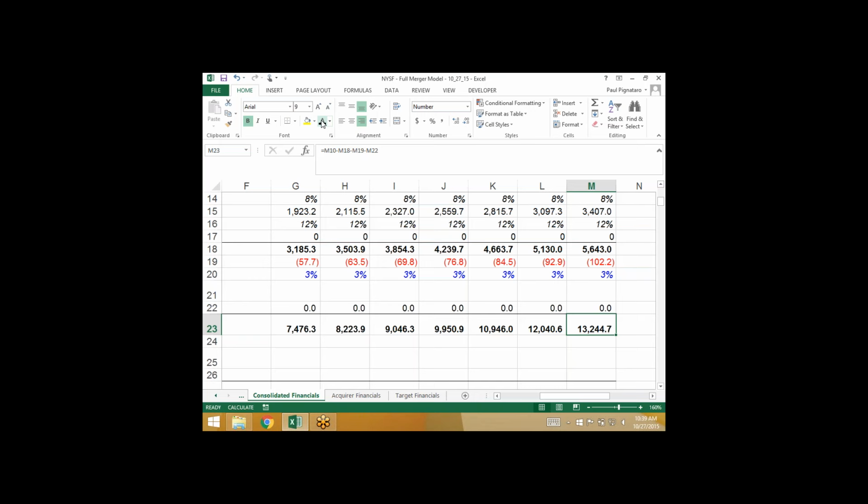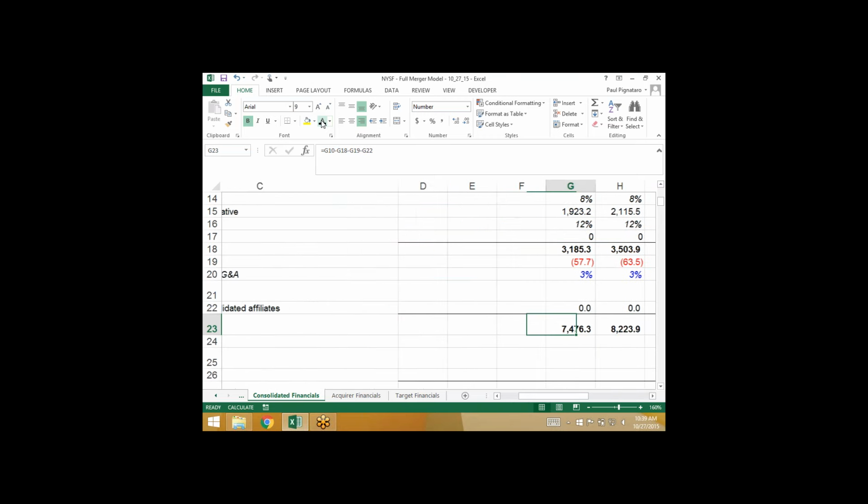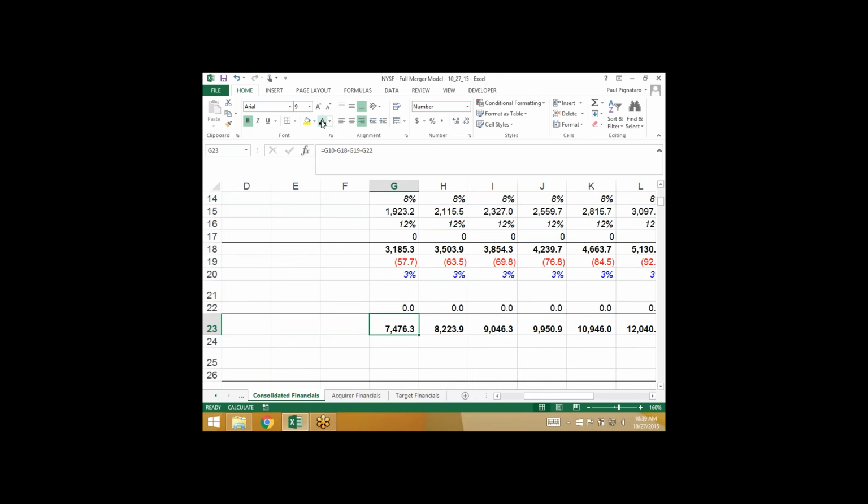No, because the cost savings increase. No, I know, but minus other income. Well, it depends. If other income is in there, it depends on how you build it.